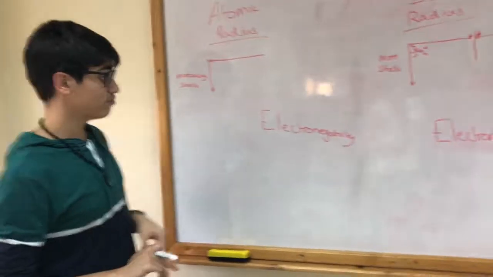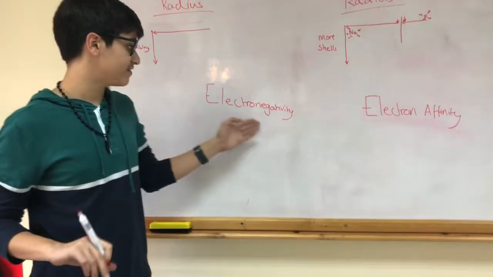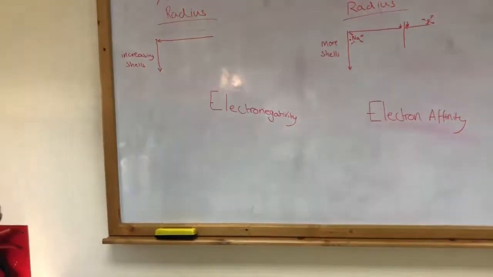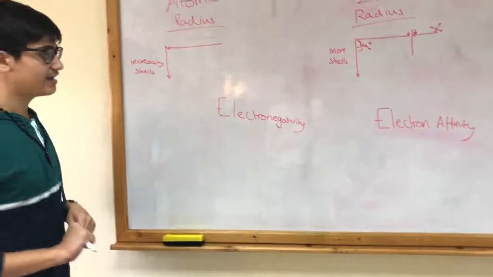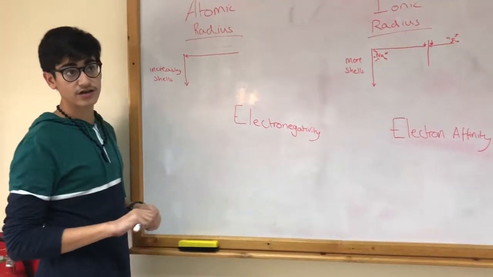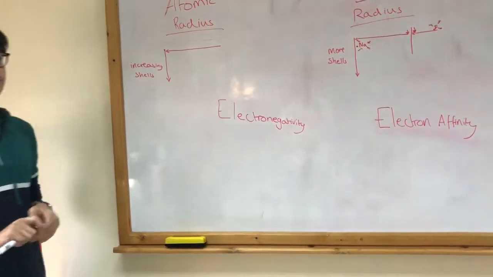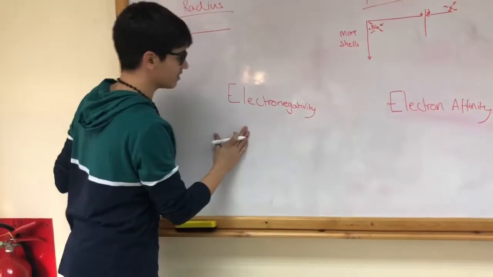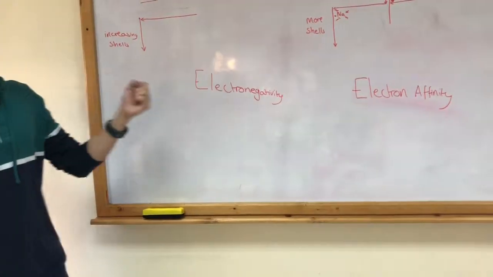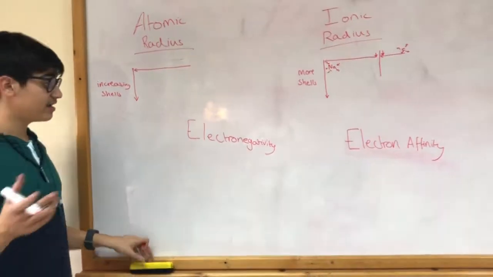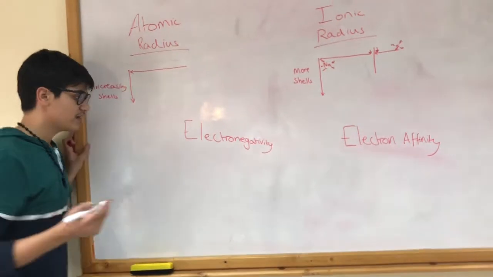And now we can move on to electronegativity. This is based on the Pauling scale, and it could be considered very similar to electron affinity, which we'll move on to later. Electronegativity is how much an electron is attracted to one of the atoms in a covalent bond.